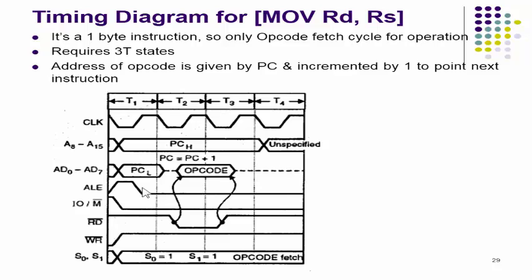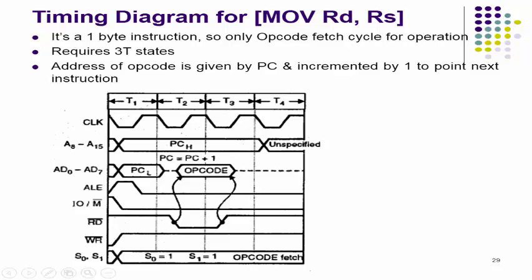Then a short duration ALE pulse goes high to demultiplex the contents available on AD0 to AD7, because the same lines the processor is going to use for data transmission or data reception purpose.